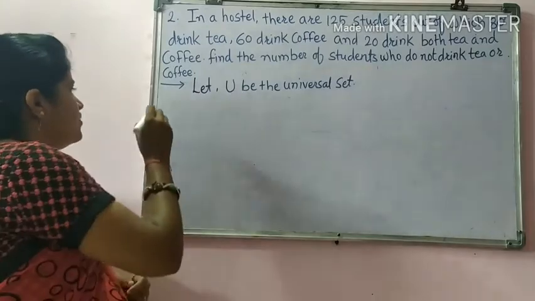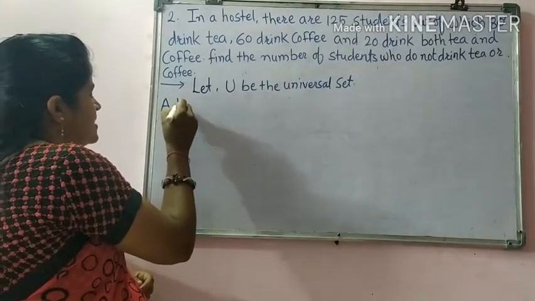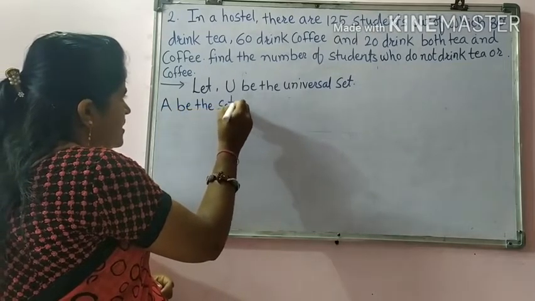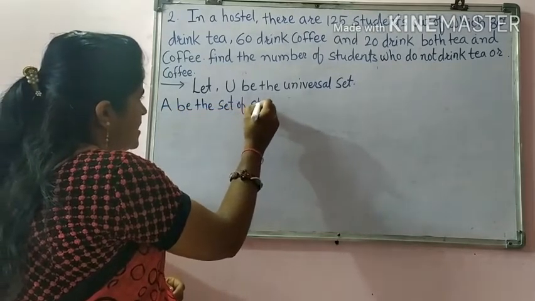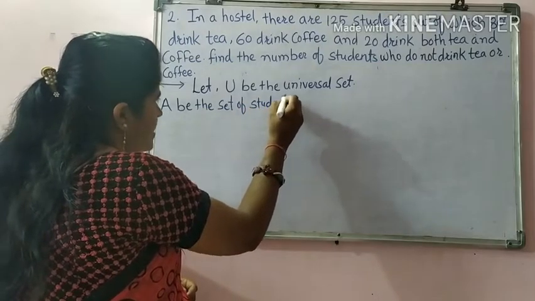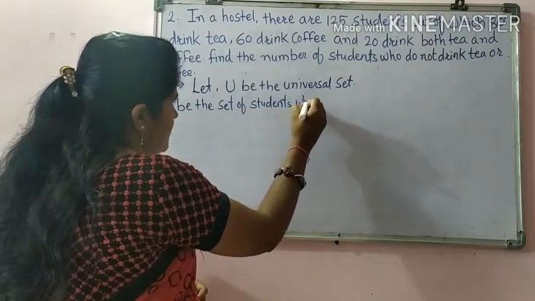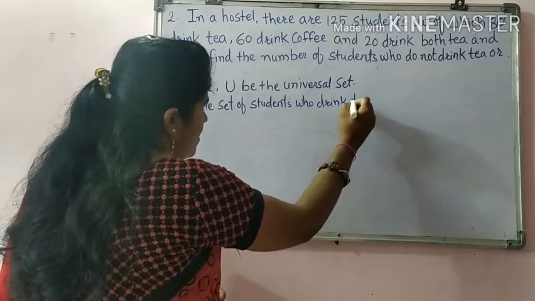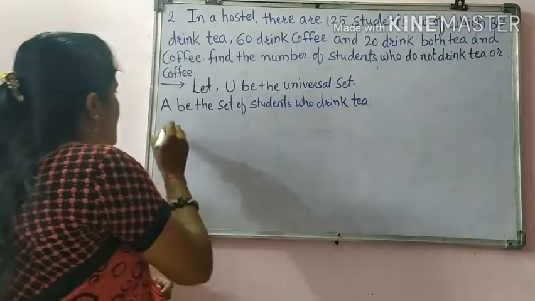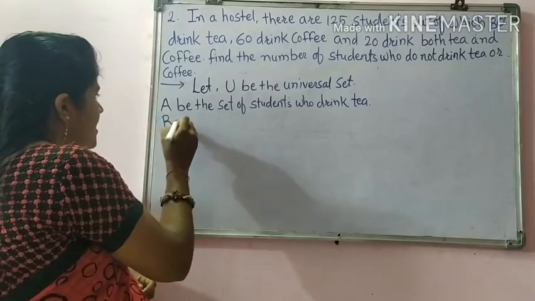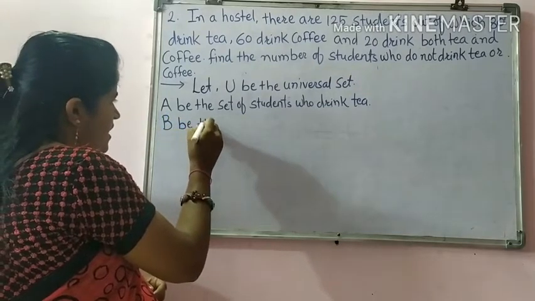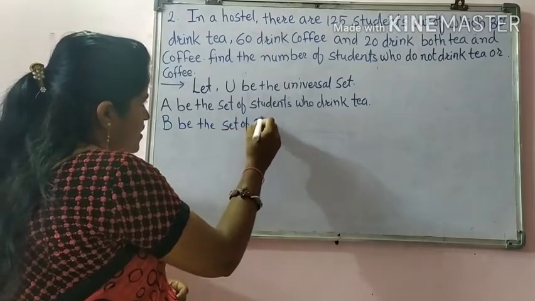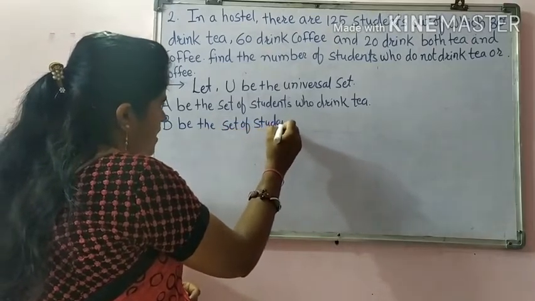So let us assume A be the set of students who drink tea. Also let us consider capital B be the set of students who drink coffee.